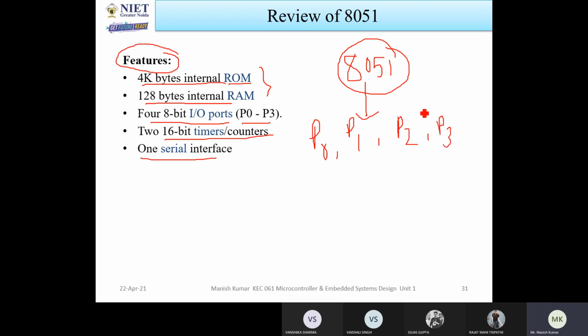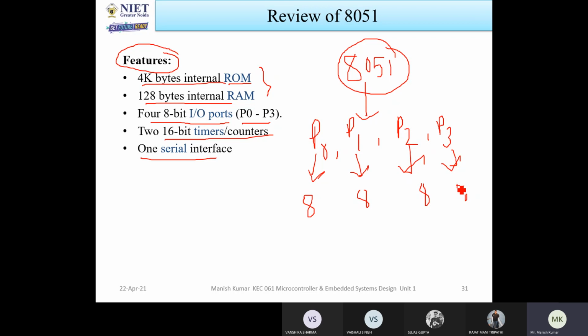These four ports are 8 bits in size. What is the meaning? Port 0 has 8 bits, port 1 has 8 bits, port 2 has 8 bits, port 3 has 8 bits. So with the help of port 0, port 1, port 2 or port 3, you can send or transmit 8-bit data.